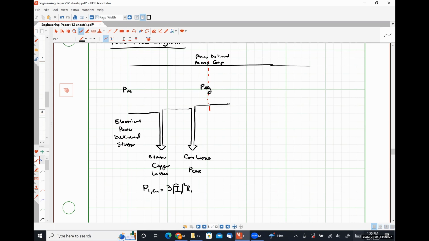So now we're on the rotor side of things. Our rotor either has windings or is made of electrically conductive material, and so there are going to be copper losses there as well.